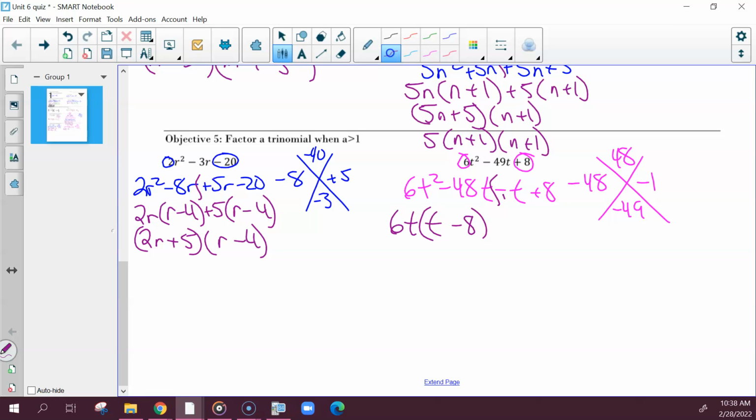And this is negative t. I'm making it longer so it doesn't look like a plus. This is minus t. If we take out negative 1, then t minus 8 is left. And our final factors are 6t minus 1 and t minus 8.